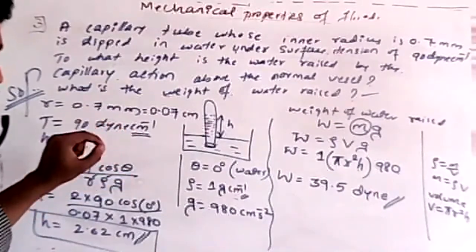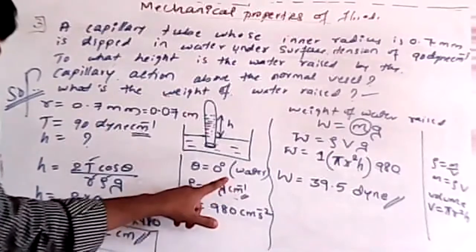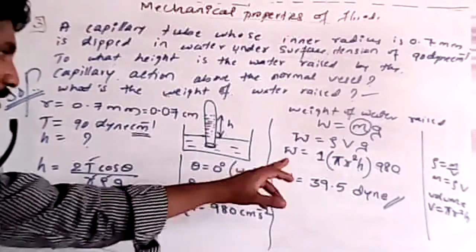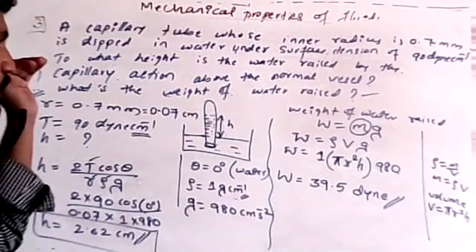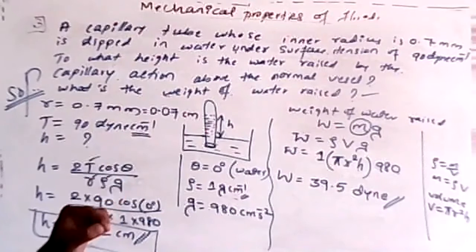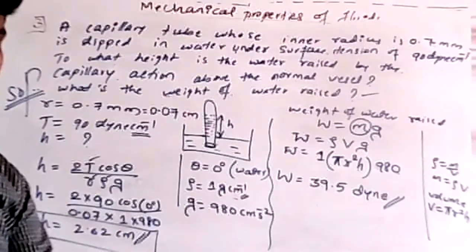Good. Once you neglect these units, you will get another answer. So while solving problems you must keep the units in mind: what type of unit they have given, what they want, and what unit we have to place at the end of the result. We know all these things, then only you can solve any type of problem.